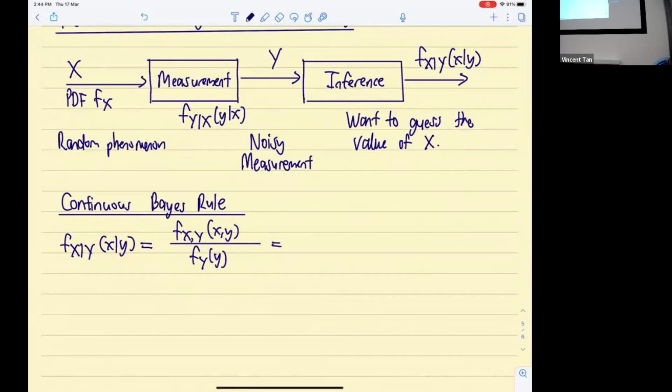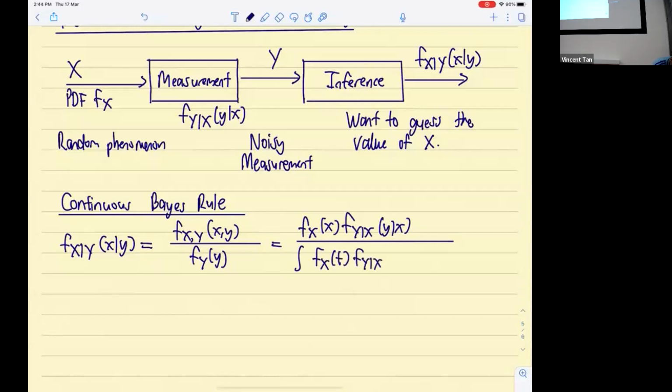But this can be written in another way: f of x times f of y given x, divided by the bottom. And the bottom can be written in this way as well: f of t, f of y given t, we are integrating over t, dt. So this goes from minus infinity to infinity. So that's the continuous Bayes rule, all right?